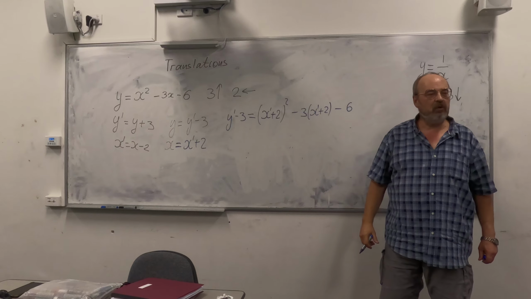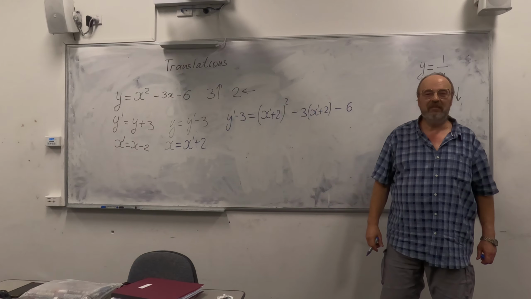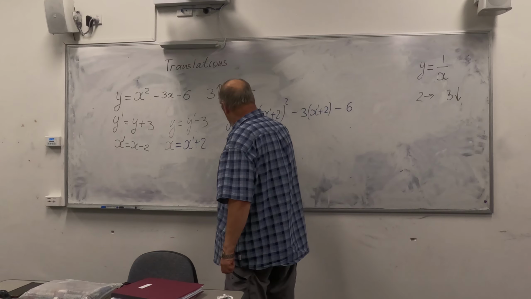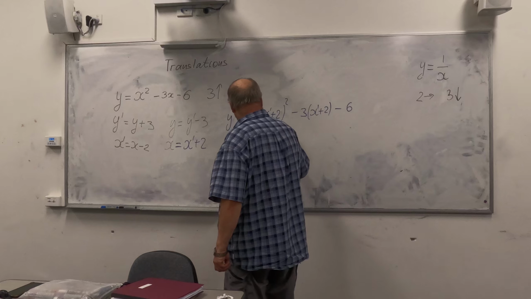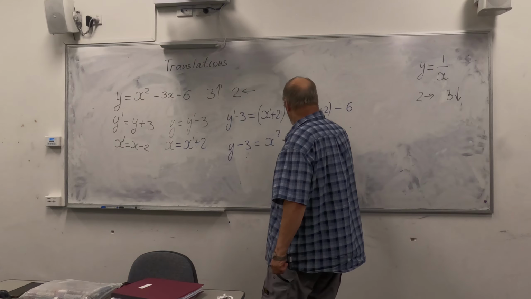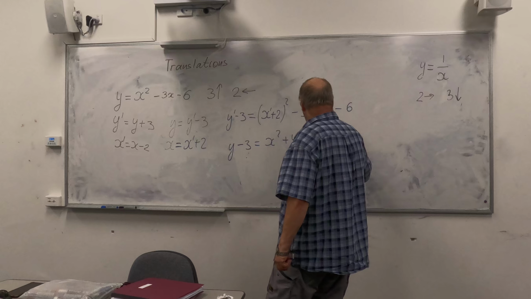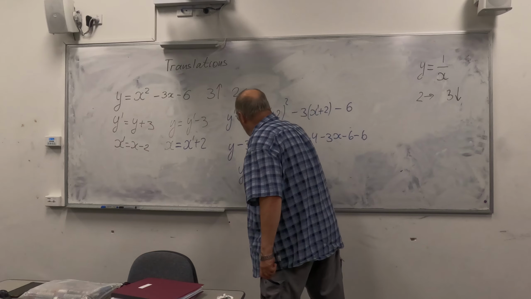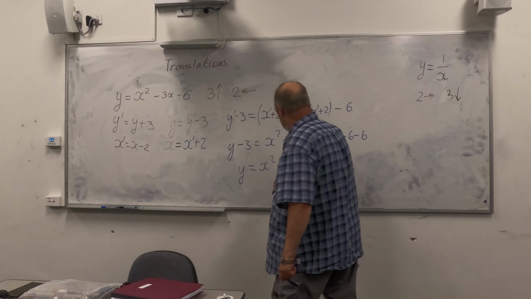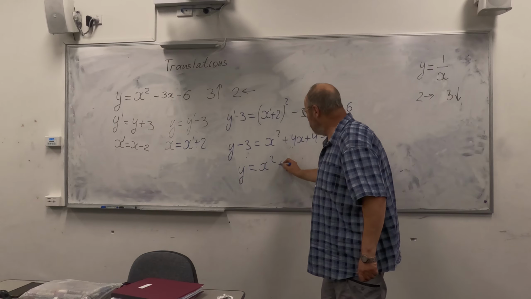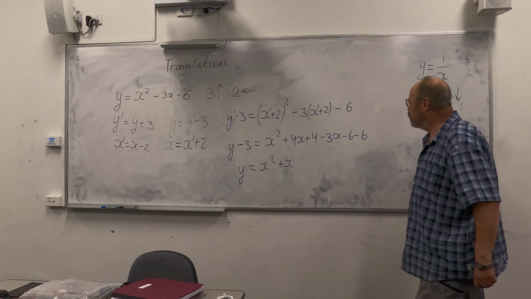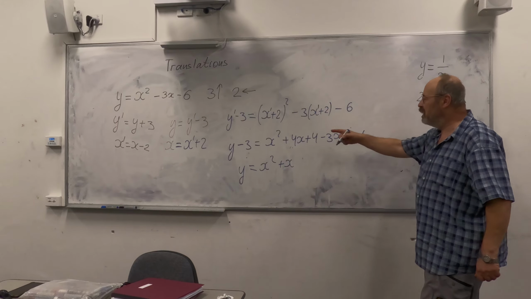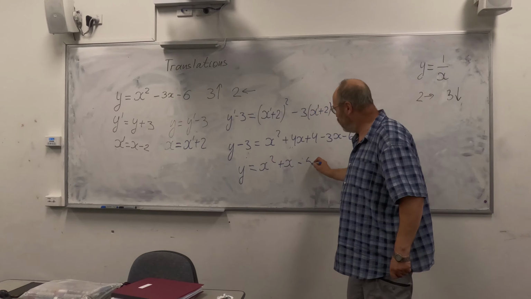What do we need to do now to get the final answer? Expand and collect like terms. And I'm dropping dashes. y - 3 = x squared + 4x + 4 - 3x - 6 - 6. So y will finally be x squared + x - 5.